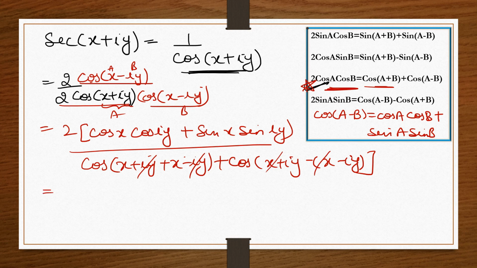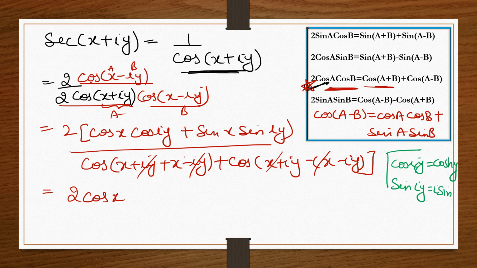So what will you get? 2 cos x. Now see guys, cos iota y will be cos hyperbolic y, and sin iota y will be iota sin hyperbolic y. I hope these formulas are now clear. So just apply these formulas.